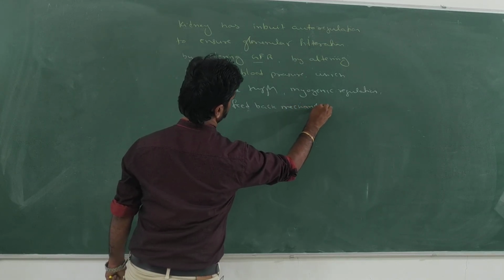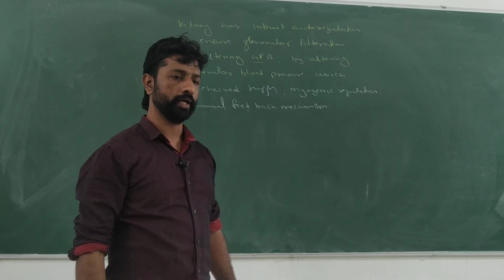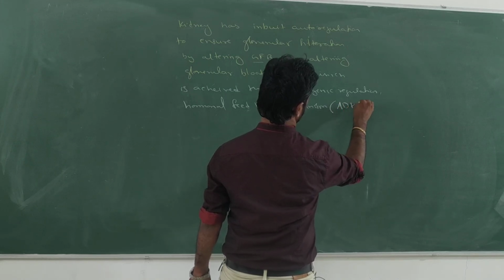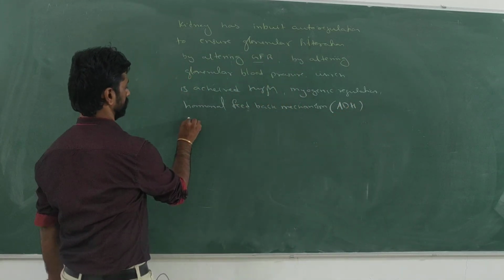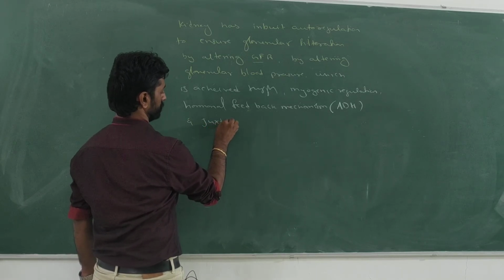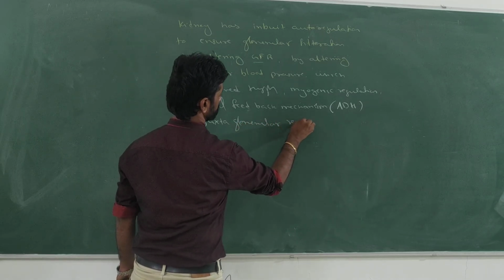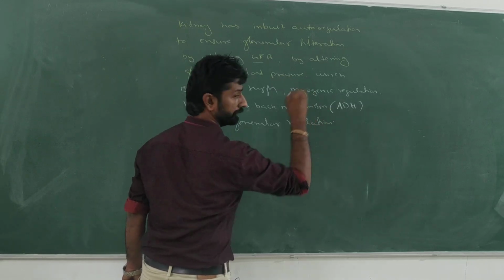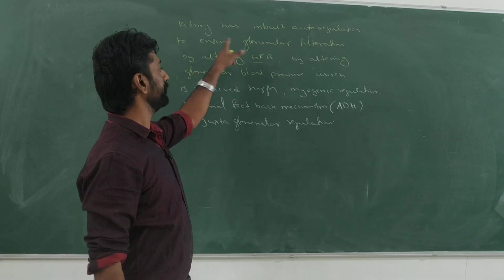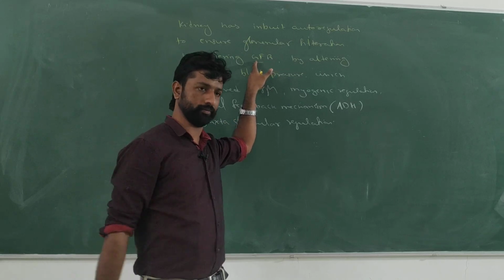Here the hormonal feedback mechanism involves which hormone? ADH, antidiuretic hormone. That is with the help of ADH and also juxtaglomerular regulation, right? So by these regulations, it can maintain the normal GFR value which is required for filtration to occur.